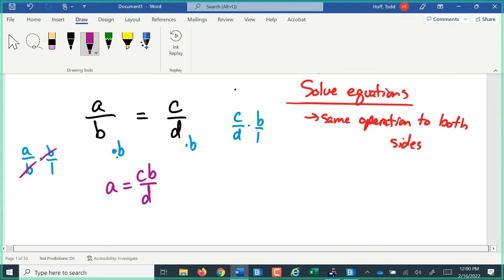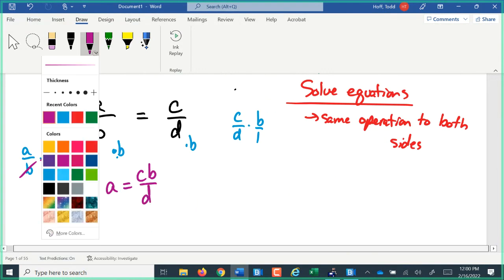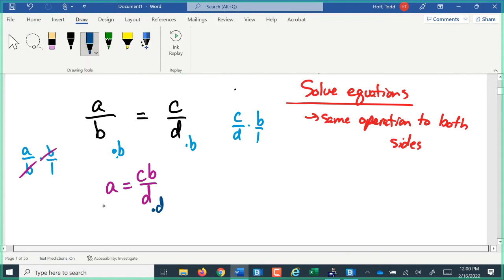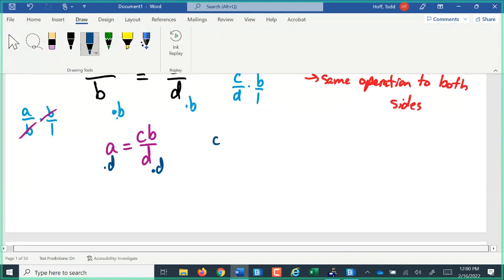Now I'm going to work from the other side. I'm going to get rid of that d on the right side by multiplying by d. So multiply the left side by d. Now again, on the right side, I have cb over d times d over 1. These are just going to cancel out, leaving me with cb on the right side. On the left side, a times d is just ad.